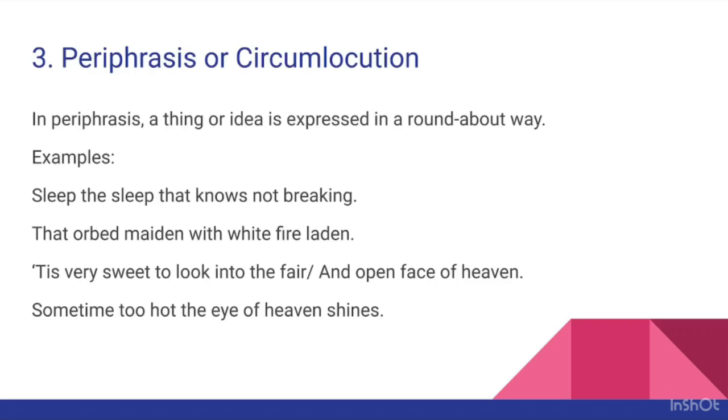So sky is expressed in a roundabout way by open face of heaven. The last one, sometime too hot the eye of heavens shines. Here, sun is meant or expressed through the phrase the eye of heaven.